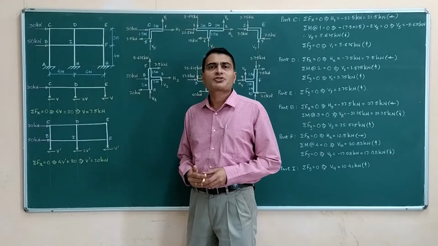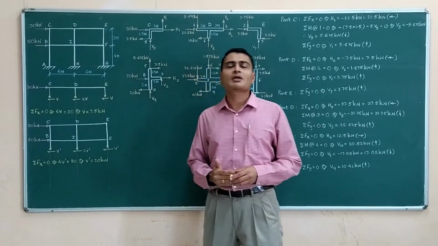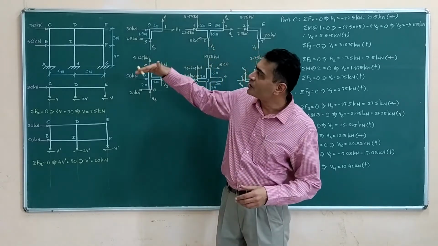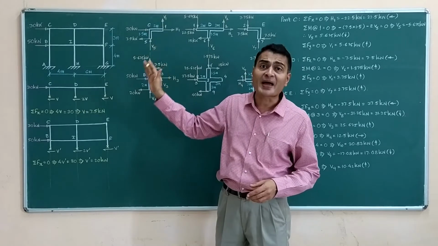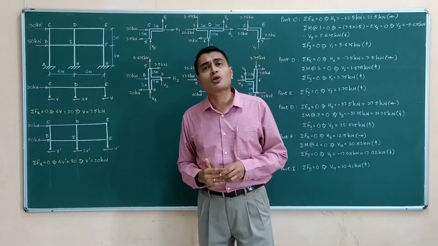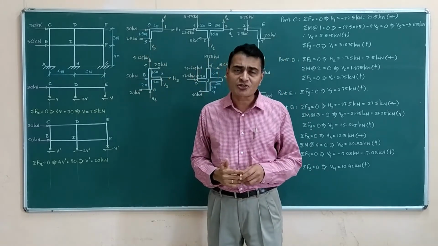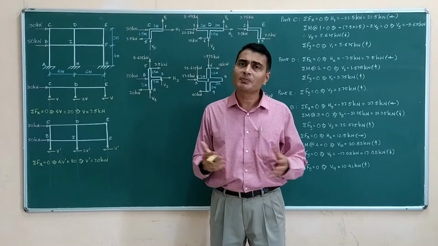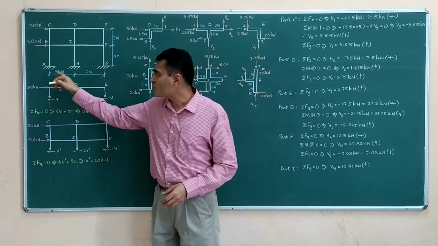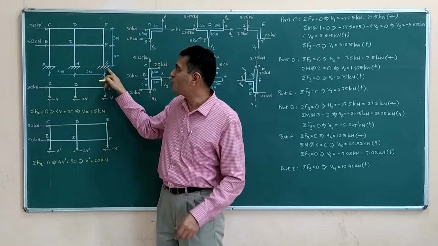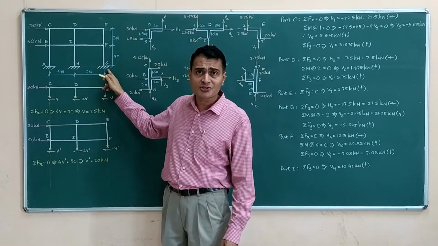So this is the first Portal frame problem that we are solving. It is multi-story, multi-span, and we are supposed to analyze this Portal frame approximately by the Portal method. We have supports A, H, G as fixed supports.